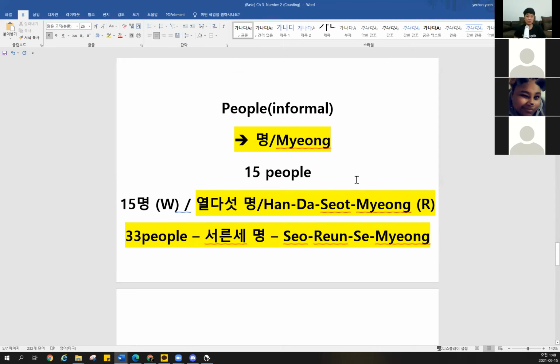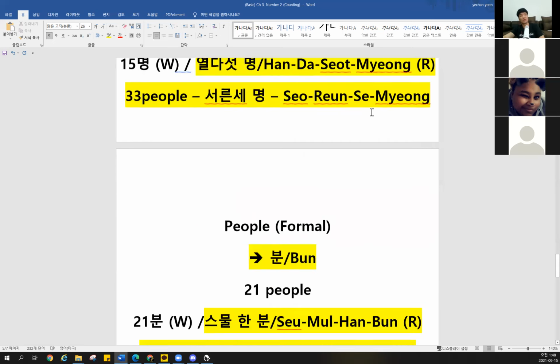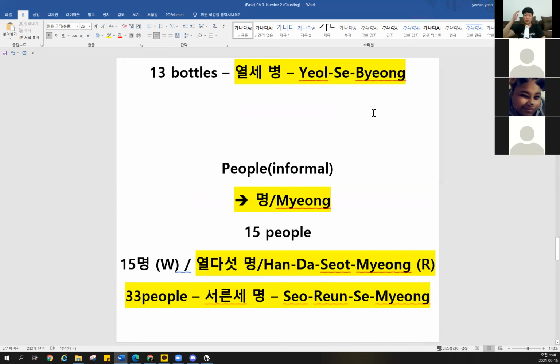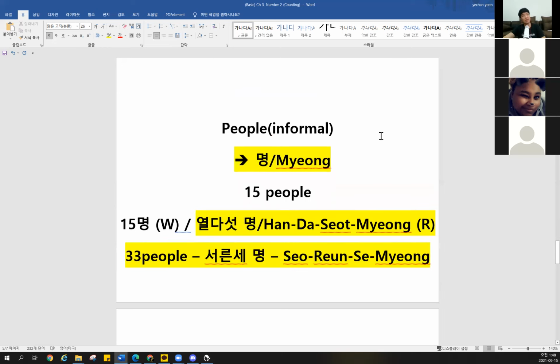Okay, then how do you count people informally? I'm going to explain this one. There are 2 different versions, informal and formal. When you go to South Korea and visit a restaurant with your group or business partner, the staff will ask how many people came in.